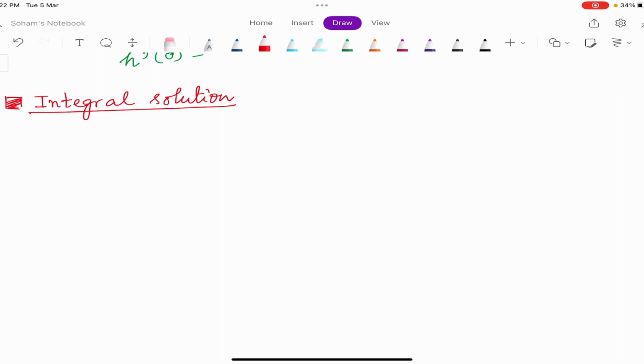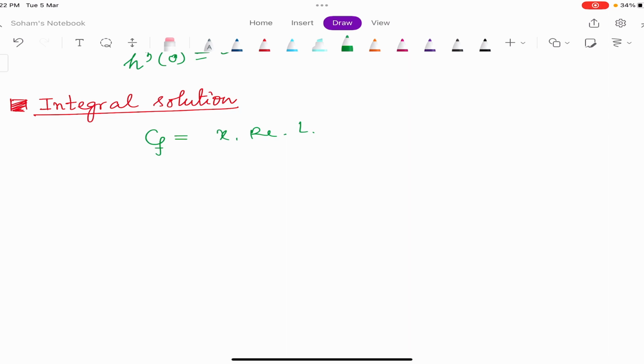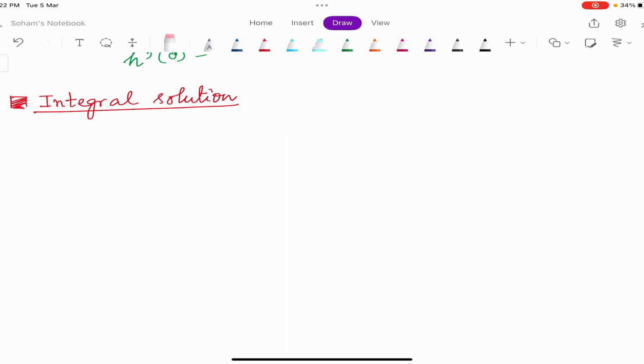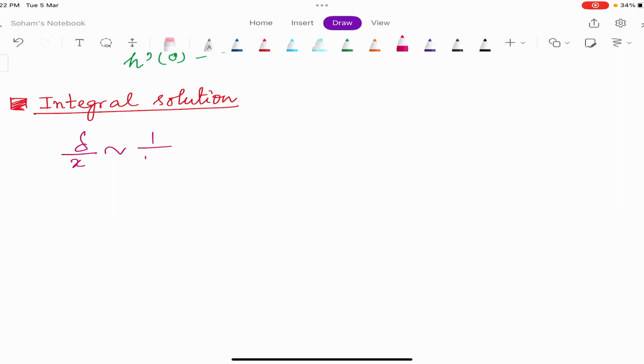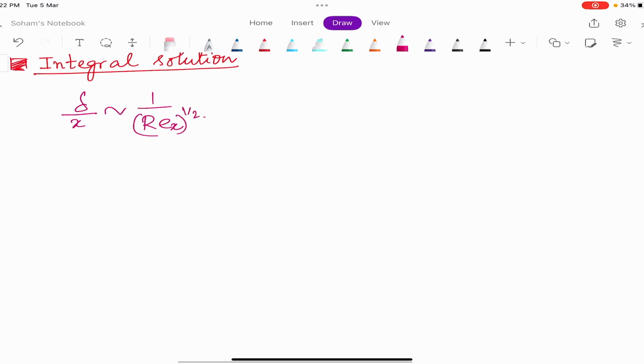That was very powerful because we got the value of Cf as a function of the independent variables, that is x, Re and another thing L. From the scaling analysis we got that delta by x will scale with 1 by Rex to the power half. So this was the scaling analysis, right?